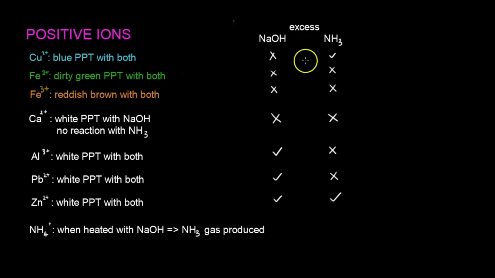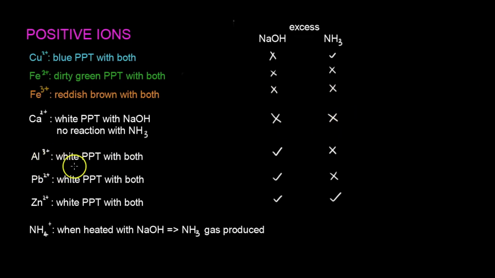With that out of the way, let's move on to the white precipitates. Ca2+ forms a white precipitate with NaOH and has no reaction with NH3. When you add excess NaOH, it does not dissolve. Excess NH3 does not dissolve it because it doesn't even react with NH3 in the first place. Aluminium and lead, I told you they are together.